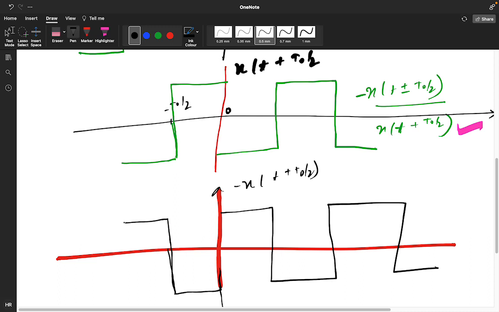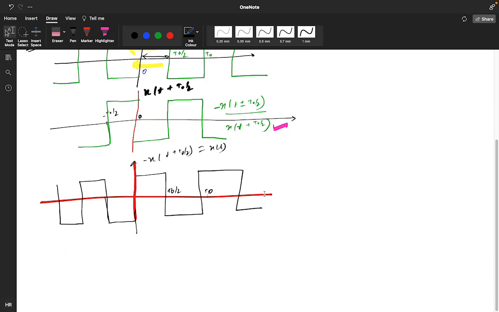So see, this signal is the same as x of t, right? This is your t naught by 2. This is your t naught. So see what you are getting.